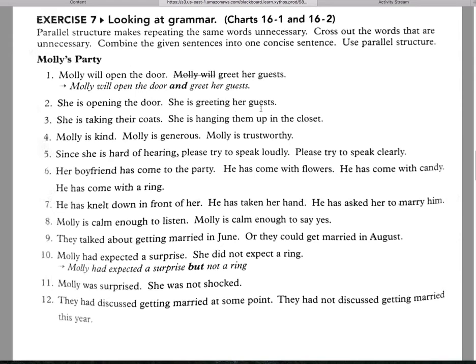She is greeting her guest. So we combine here. Is opening, is greeting. We don't need "she." Okay? So we say, she is opening the door and greeting her guests. Okay, go ahead and look at numbers 3 through 12 and determine how would we use parallel structure.